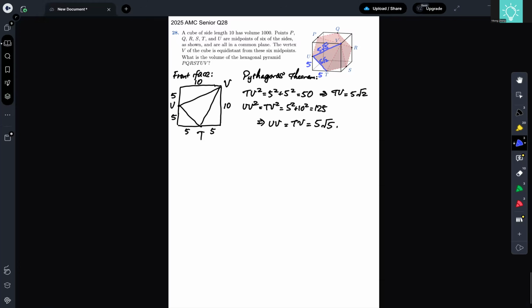Okay. Now that we know TU is equal to 5 square root of 2, we can do a bit of analysis on the base of this pyramid. So the base, which is this hexagon PQRSTU over here, let's take a look at that.